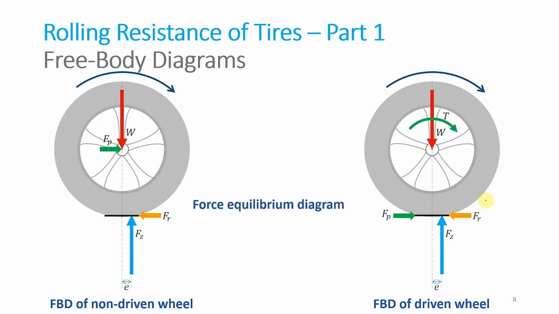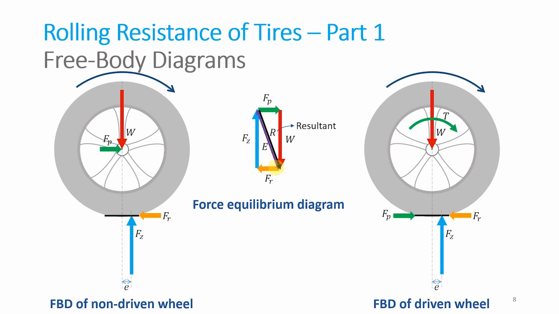Now let's come to the force equilibrium diagram for both these cases. Weight W is acting downwards. Fp in both cases you can see is towards the right. Now the resultant is as shown here, and the normal force, keep it here, and Fr, let's keep it here.